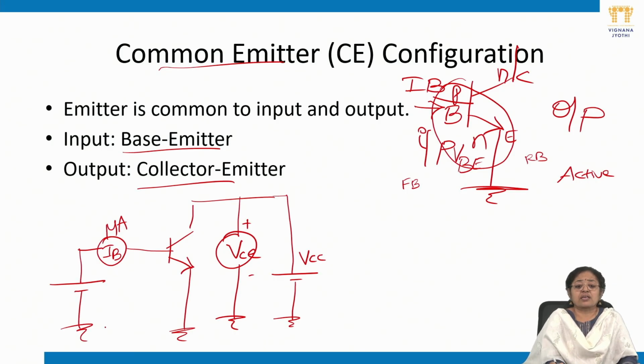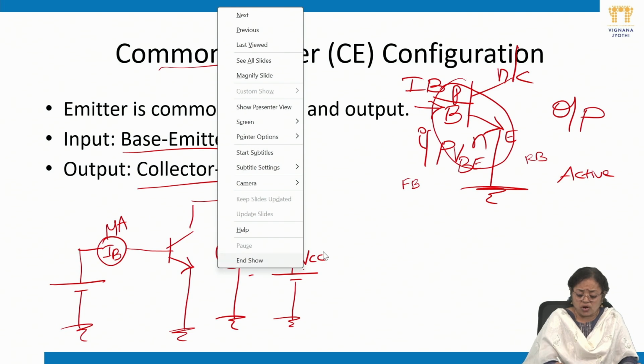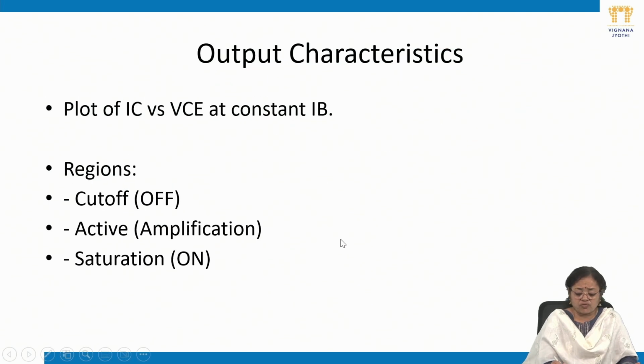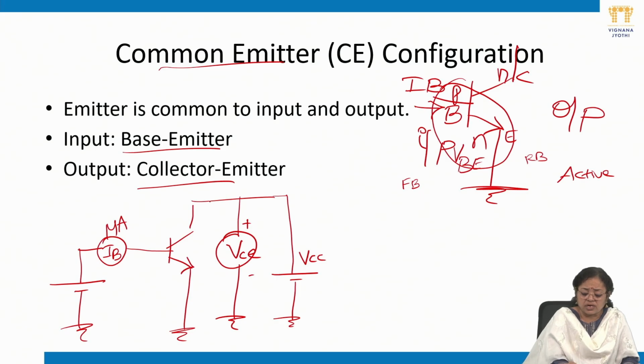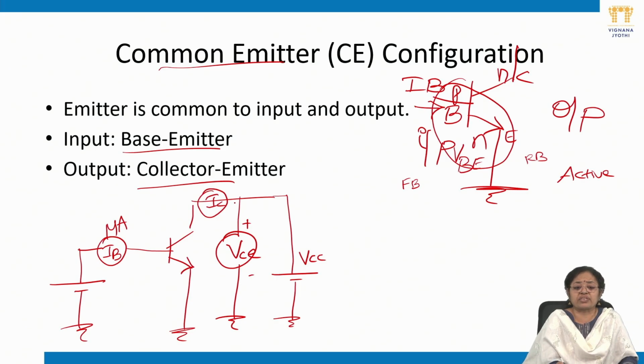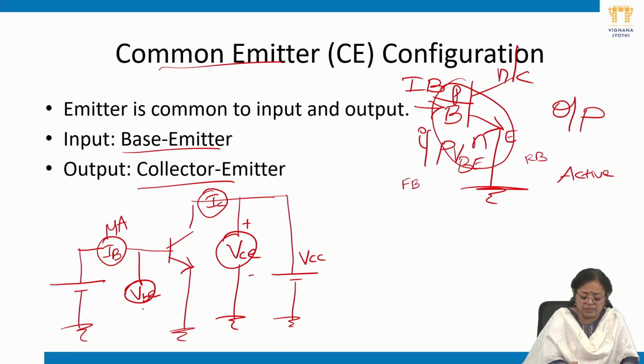So this is the circuit diagram used to obtain the input characteristics of a BJT in the CE configuration. We will use this VCC to vary the VCE and note down IC. In order to note down IC, we will use an ammeter over here. So this is for example IB, and over here we will be using VBE.